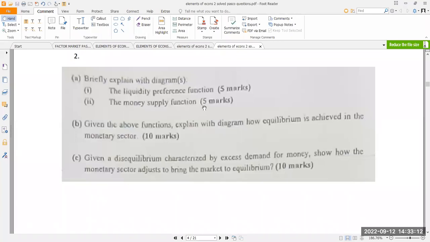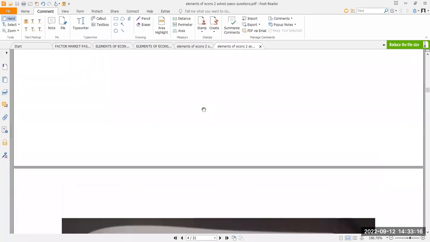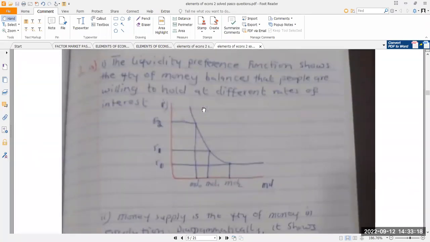So that is the liquidity preference function, and it is negatively related. The interest rate and the quantity of money that we wish to hold are inversely related. So at a higher interest rate, we tend to hold a smaller amount of money.